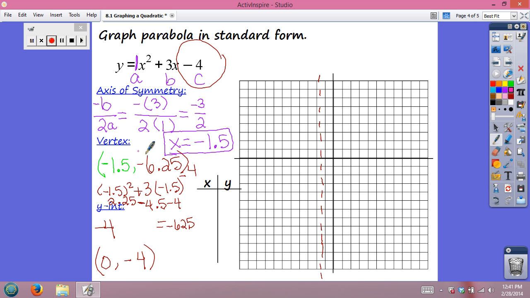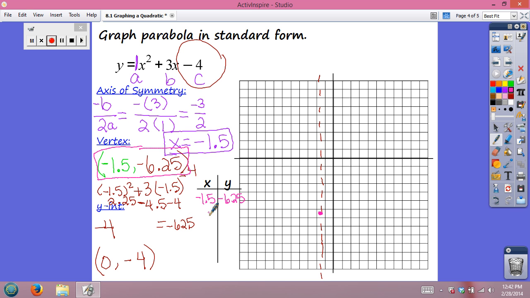Okay, our vertex, remember, is at negative 1.5, negative 6.25. So let's estimate that our vertex is about right here. So in our table, we have negative 1.5, negative 6.25.